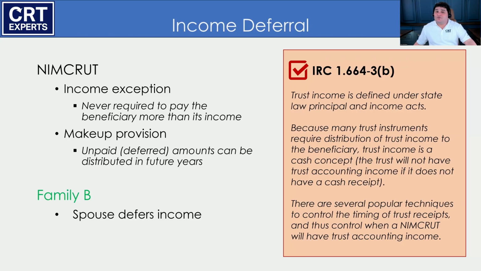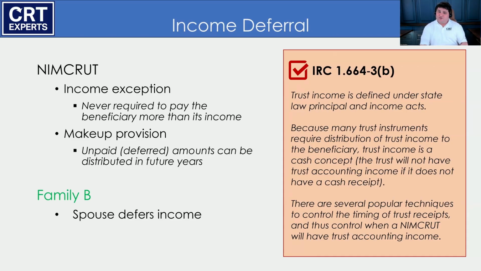The NIM CRT will distribute the lesser of the stated payout rate and trust accounting income. So there's this net income limitation in that it's never required to pay the beneficiary more than its income. So if the trust doesn't have income, nothing has to be distributed. And we have this makeup provision that enables us to pay any unpaid or deferred amounts in future years.